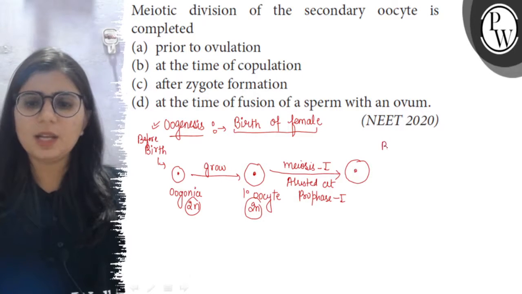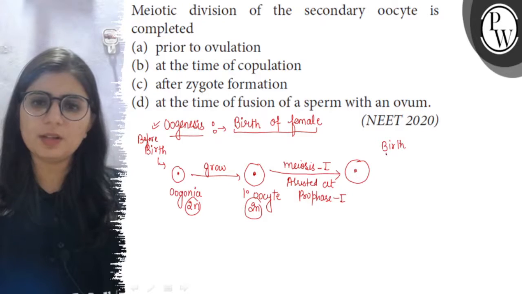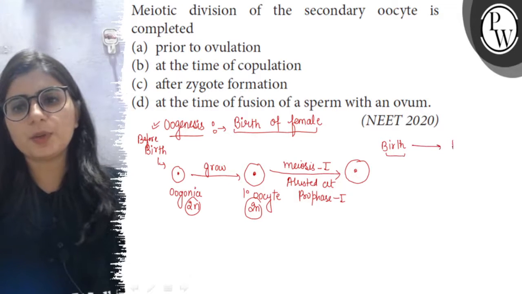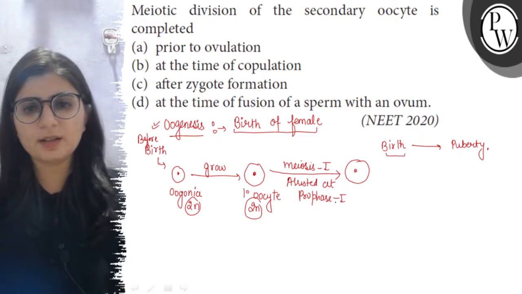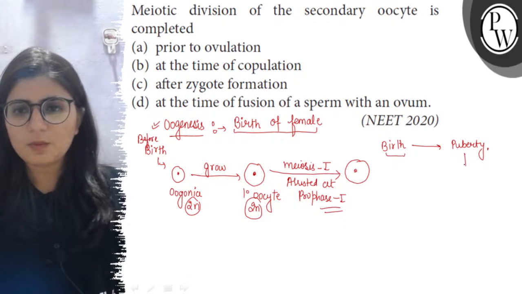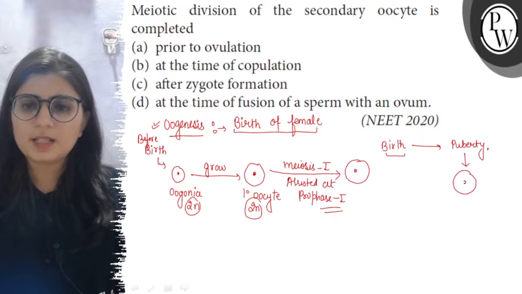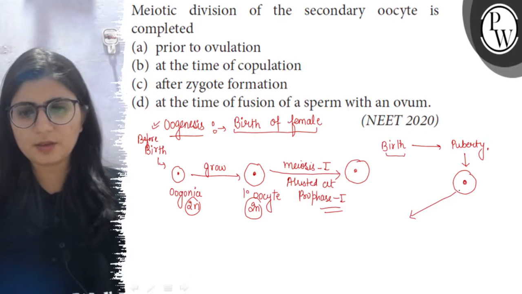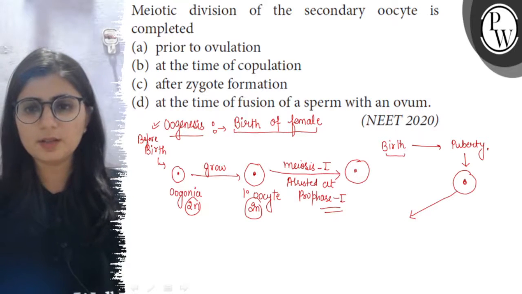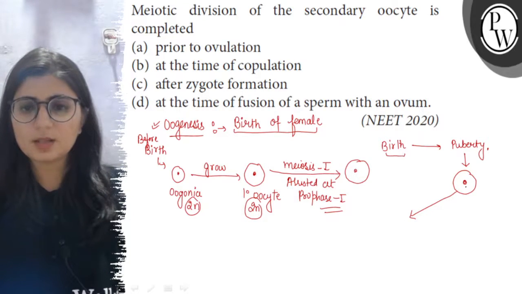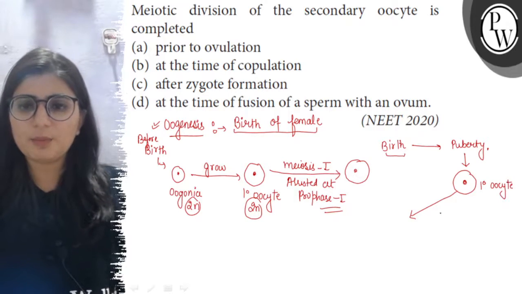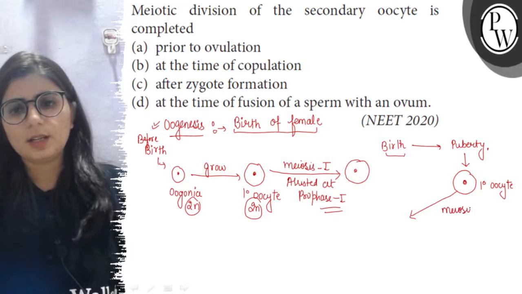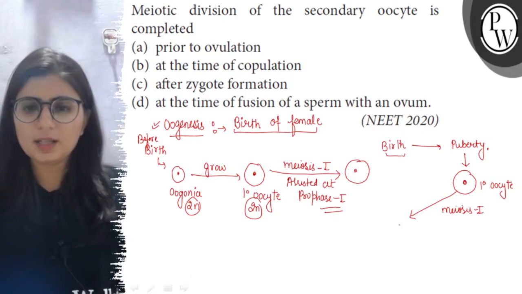Now the female is born. From birth to puberty, these oocytes remain suspended in prophase 1. At puberty, under the influence of the gonadotrophin FSH, these primary oocytes complete their meiosis 1, and this is an unequal division.